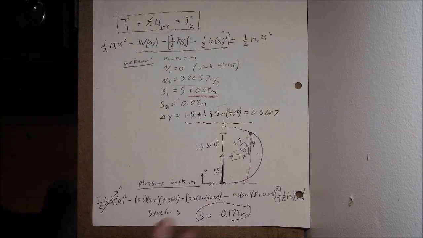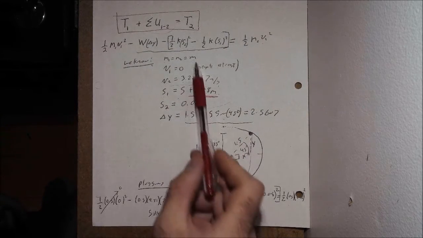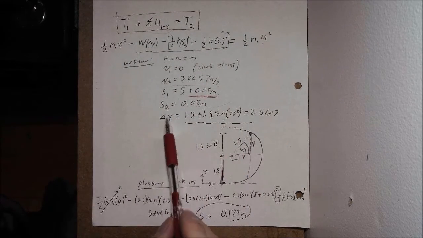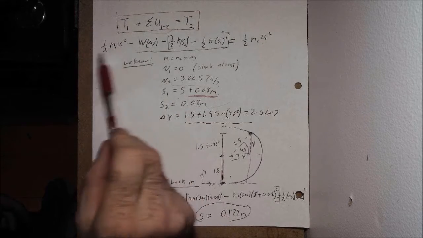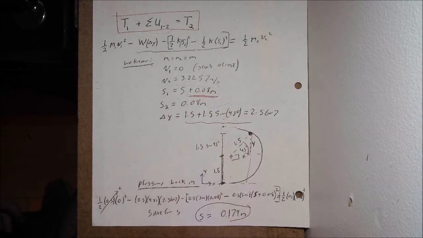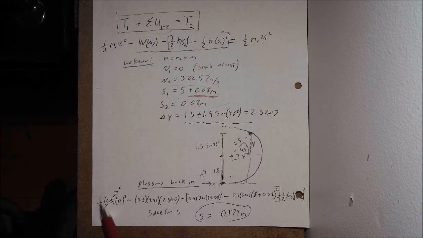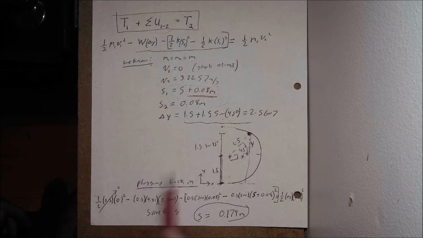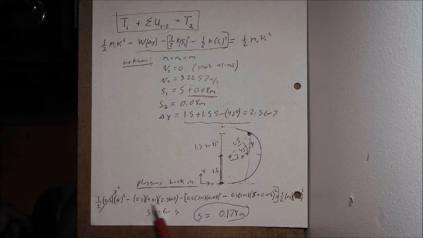So now we can take all of this information from our diagram and plug back in for delta y and into our expanded form of our principle of work and energy. We end up with 1/2 m v1 squared, where v1, our initial velocity, is 0 from our initial conditions, so this whole term goes to 0, minus our work, which is mass times acceleration due to gravity times our delta y.